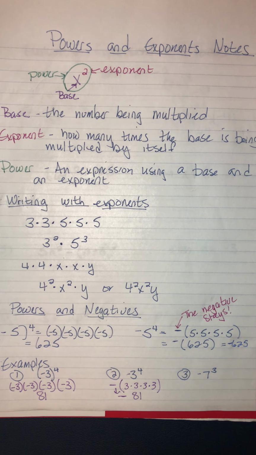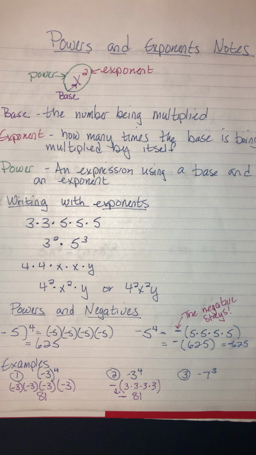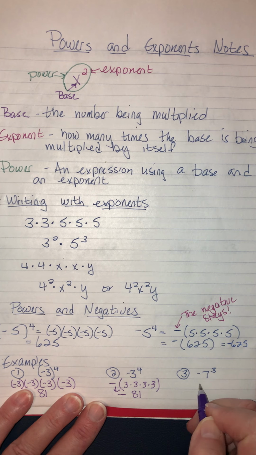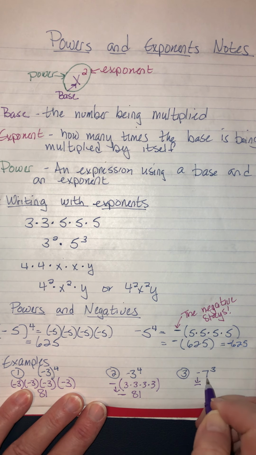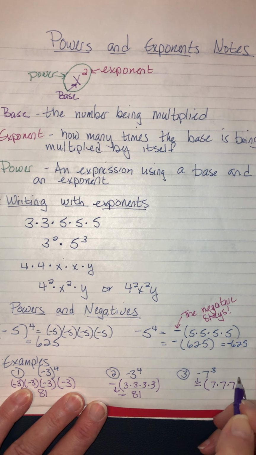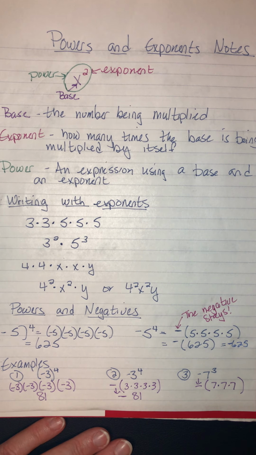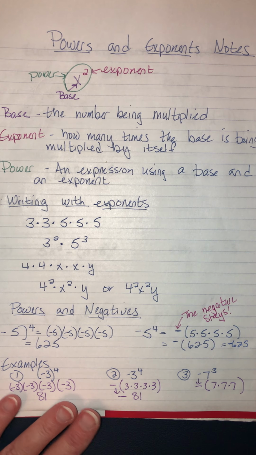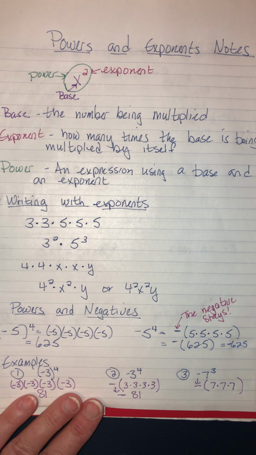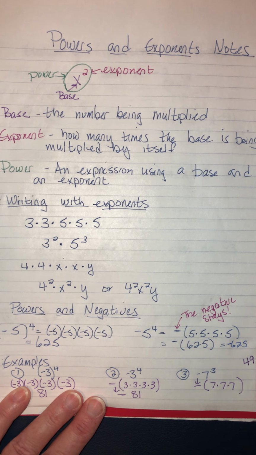And my third one, I have negative 7 to the 3rd. Again, no parentheses here. So I bring down my negative, and it's like saying 7 times 7 times 7. Okay, so I have 7 times 7 is 49. And again, I'm going to do my math off to the side. Do 49 times 7. 7 times 9 is 63.